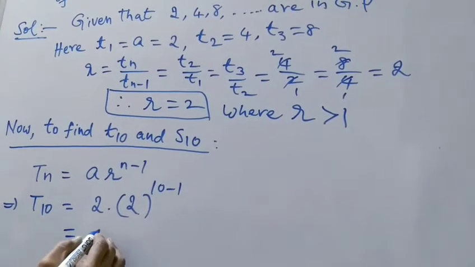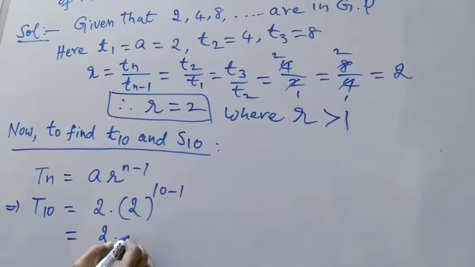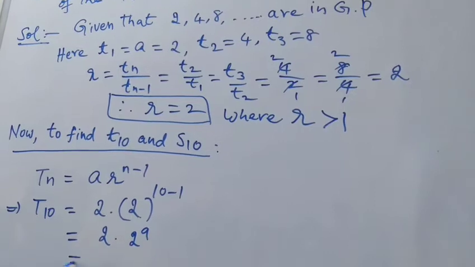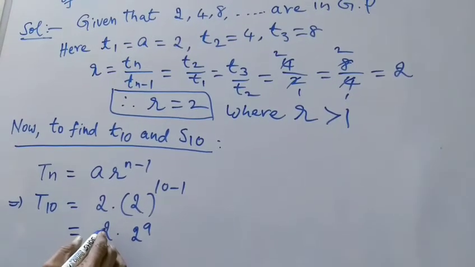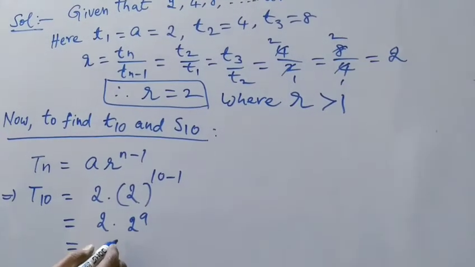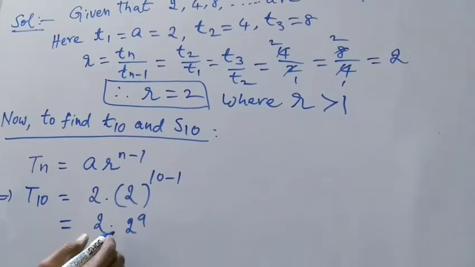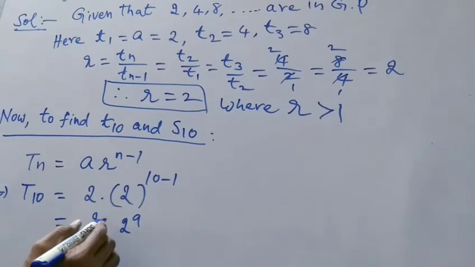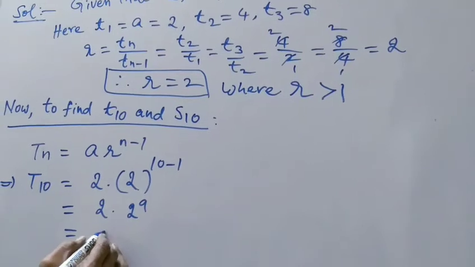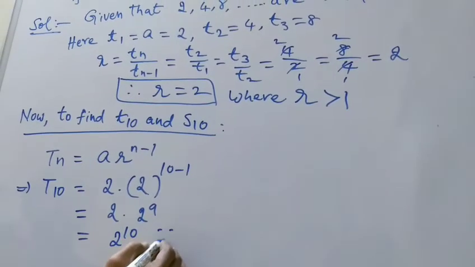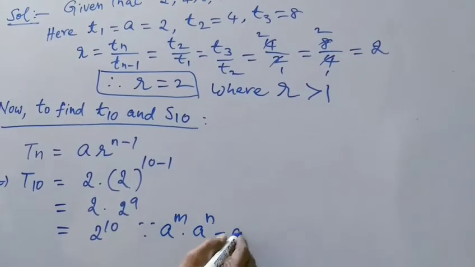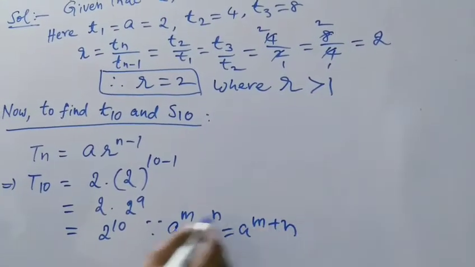This is equal to 2 into 2 to the power of 10 minus 1, that is 2 to the power of 9. Since a to the power of m into a to the power of n is equal to a to the power of m plus n, when bases are equal in multiplication the powers are added.